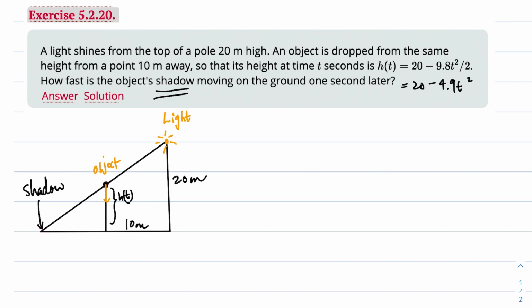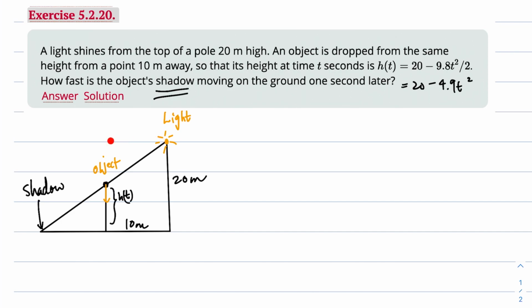Once you figure that out, you've got to figure out how fast the shadow is moving 1 second after it's dropped. One thing that you should do, and it's a good idea to always do this, is to think about what happens as this object moves up and down. Well, it starts here, in which case actually it would have no shadow because the light's rays would go this way and miss.